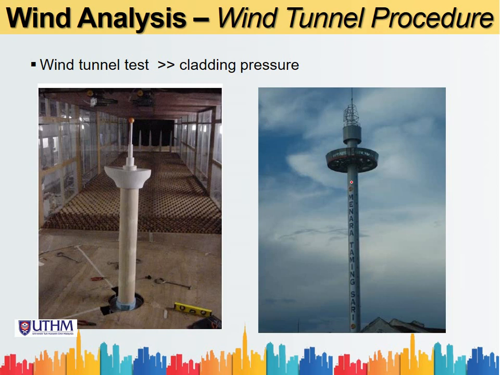Okay, before constructed, this Menara Taming Sari punya model, it was tested using the wind tunnel method, okay, to check the response of the structure, dia punya structure response due to the wind load. Okay, so wind load dia akan berbeza lah, dia akan tinggi, so sampai mana, setakat mana maksimum dia can stand, okay.